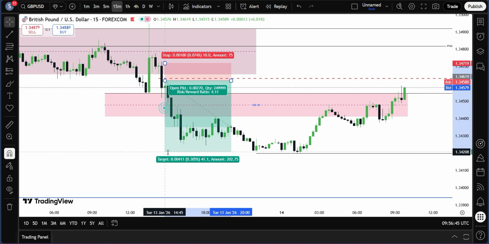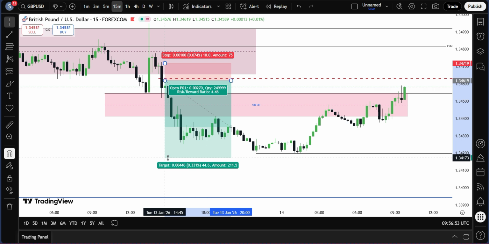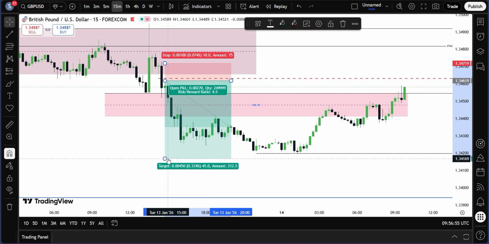And we are taking profits below here. That should be around 44, 45 pips. Yes, approximately. But you get the drift.